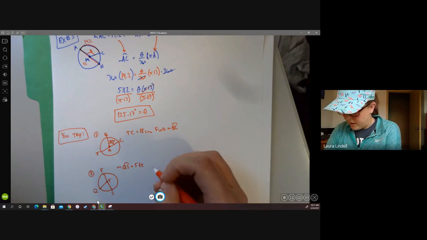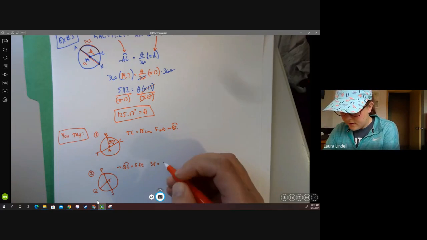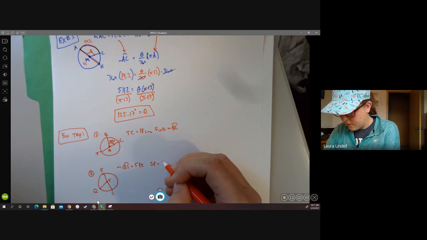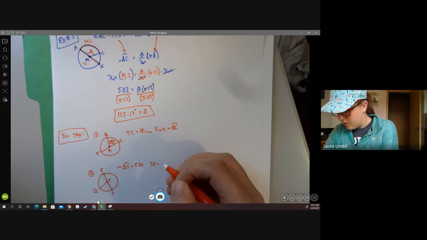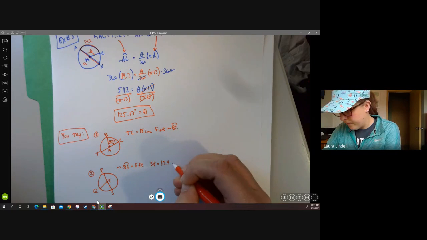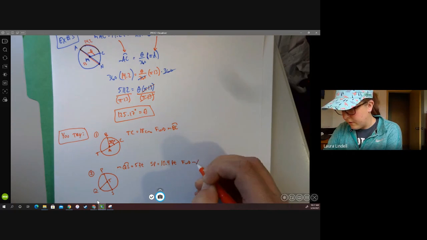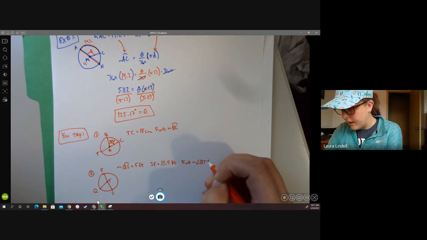We'll say that SP is, we'll go with 10.4 feet. Find the measure of angle QTS.